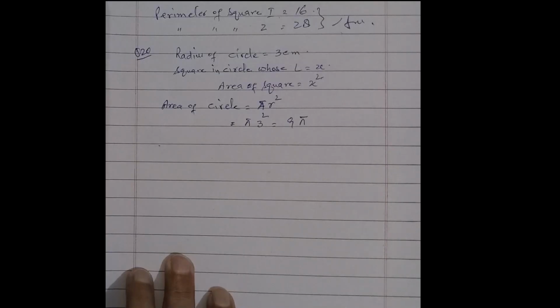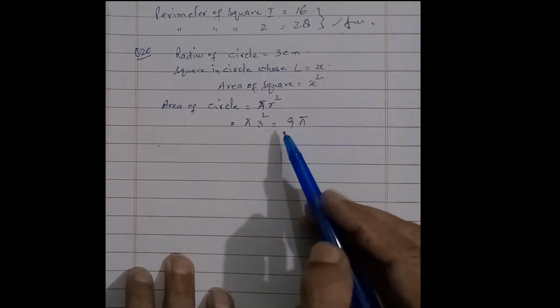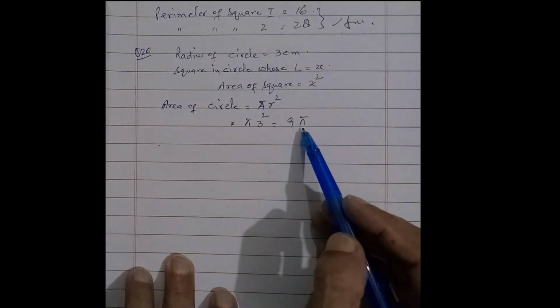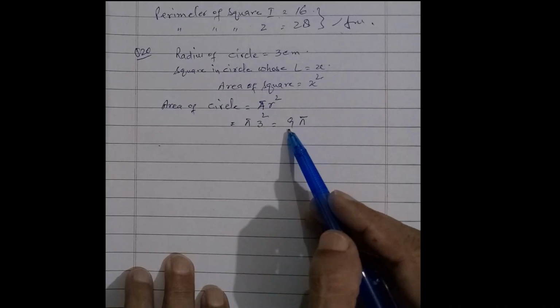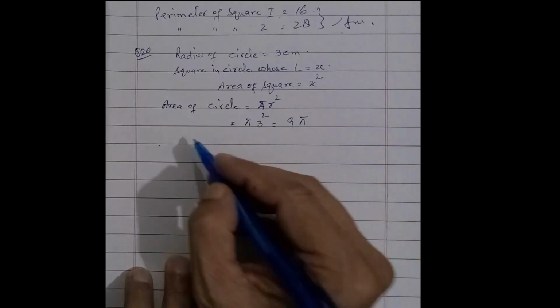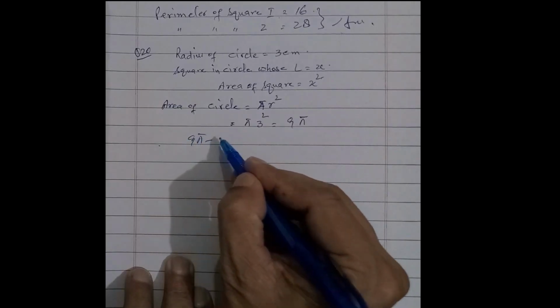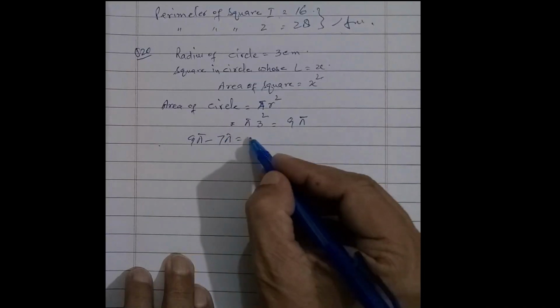In the question, the area of each face of the coin is 7 pi, but actually we have the area of the circle as 9 pi, and we reduce 7 pi from 9 pi, which is 9 pi minus 7 pi, we get 2 pi.